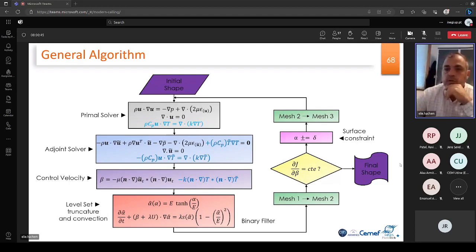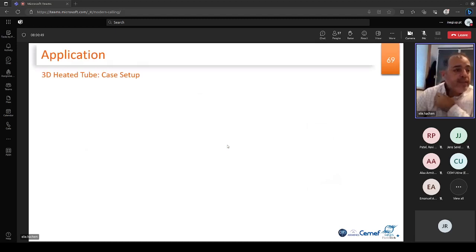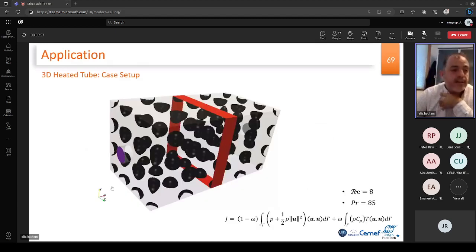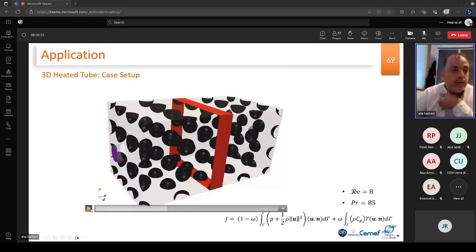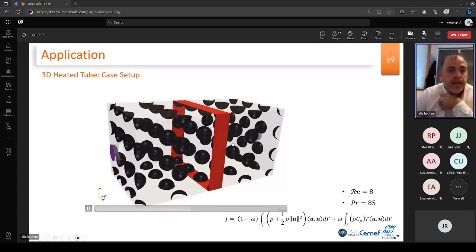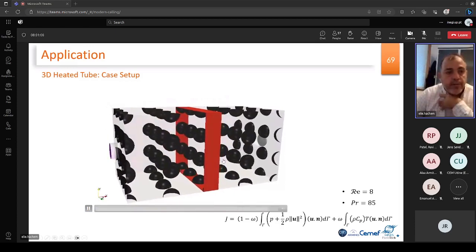I'm not going into a lot of detail. I show only one example in this case. It's a 3D heated tube that has this characteristic. You have an inlet here, an outlet on the other side, and a heated region in the middle.